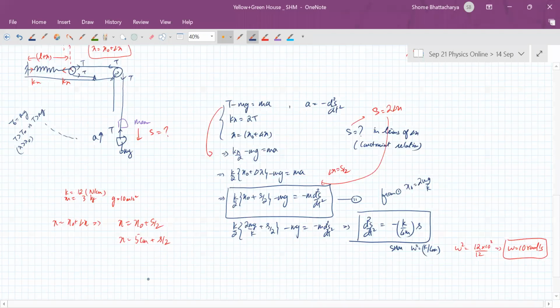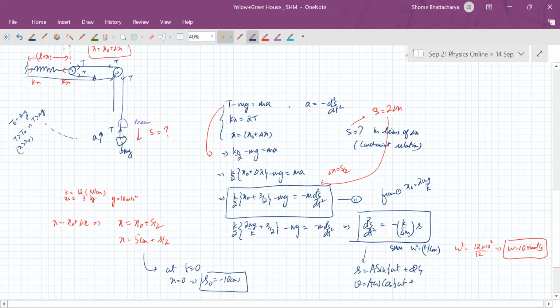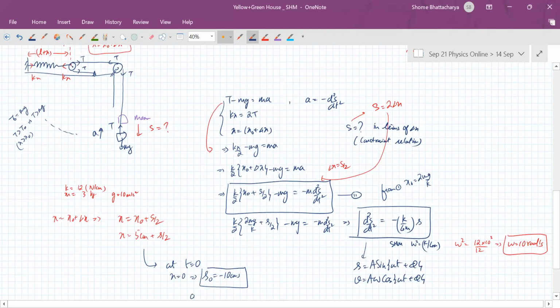Now you can see that at t equal to 0, x was 0. So that means s is equal to how much? Minus 10 centimeters. Okay. And initial velocity was 0.